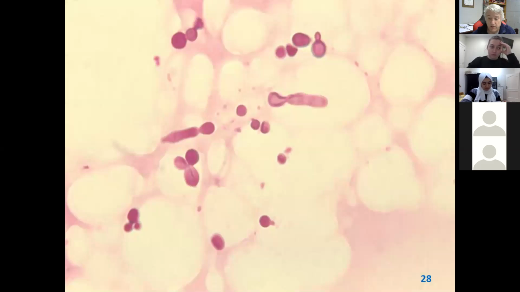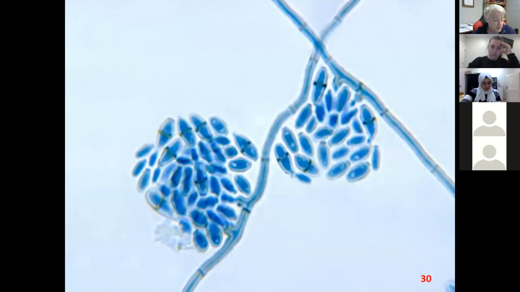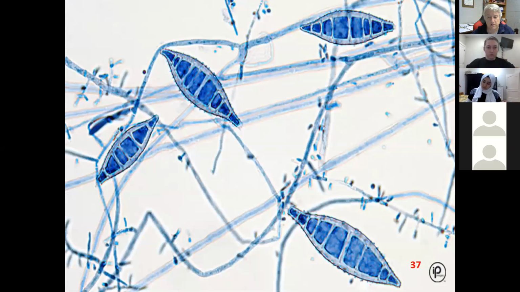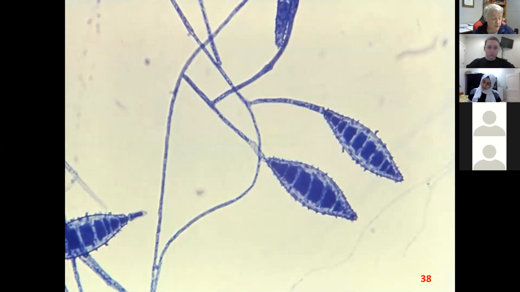Malassezia furfur. To 30, which is Hortaea werneckii. Tinea nigra. To 38, which is our Microsporum canis.